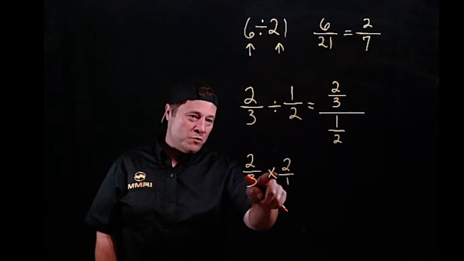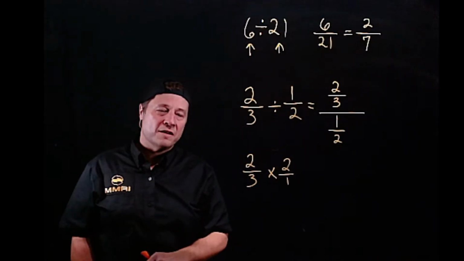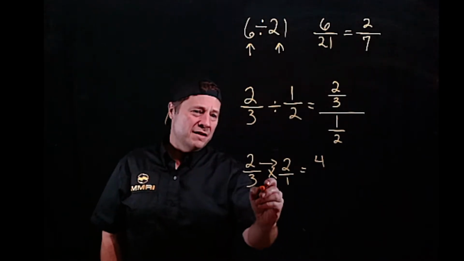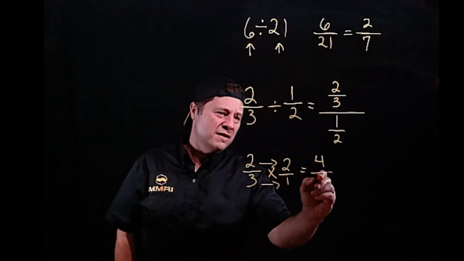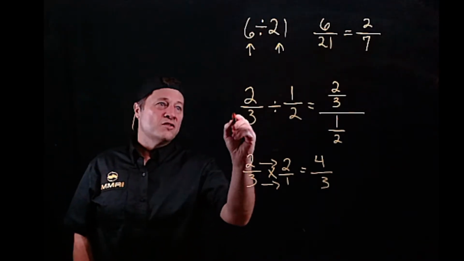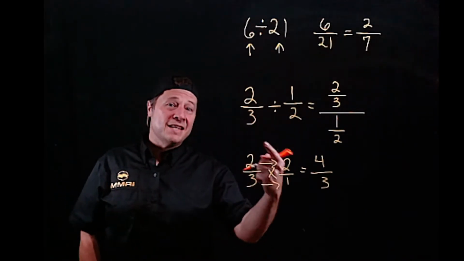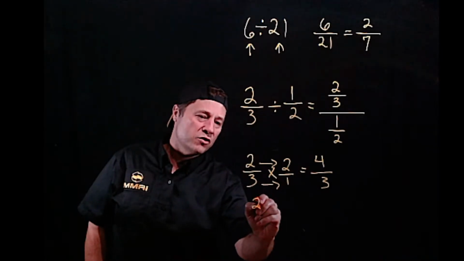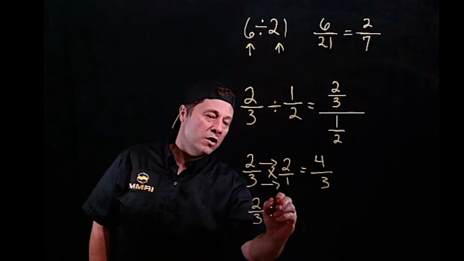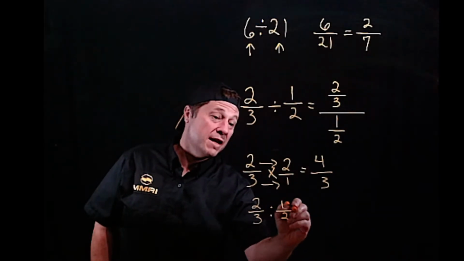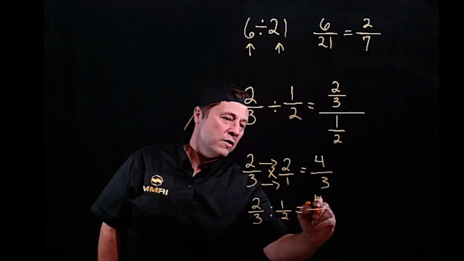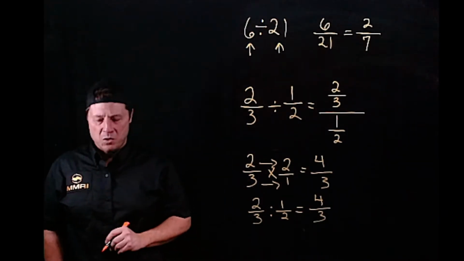If we write this out, now we can solve it. 2 times 2 is 4, and 3 times 1 is 3. So 2/3 to 1/2 is equal to 4 over 3, right?